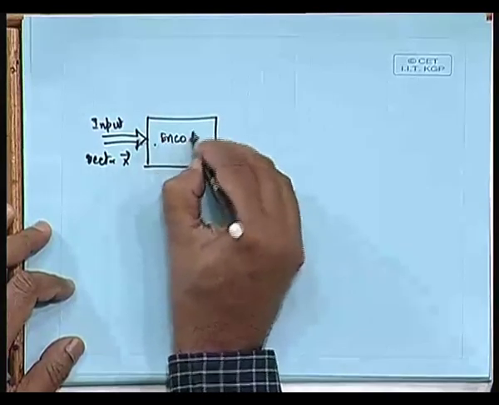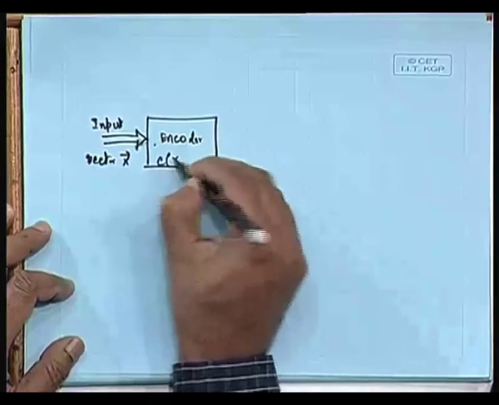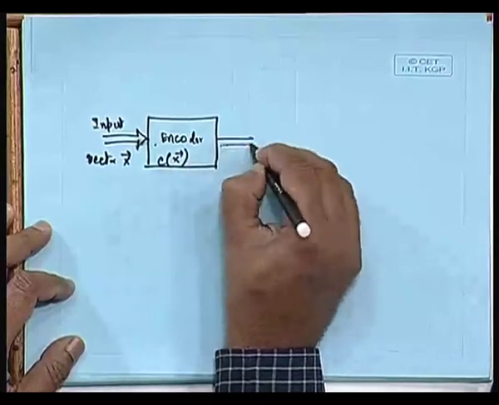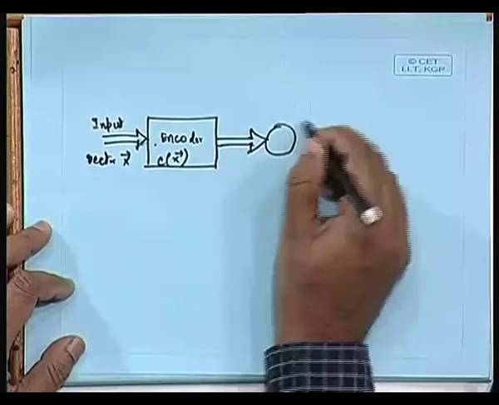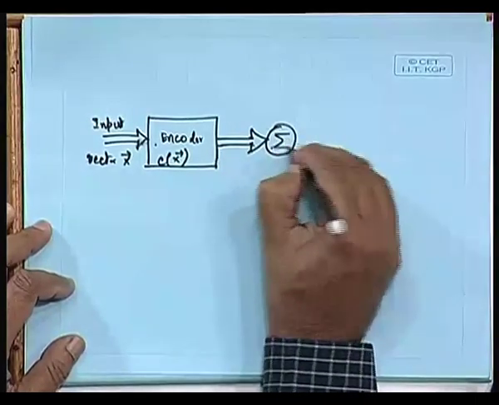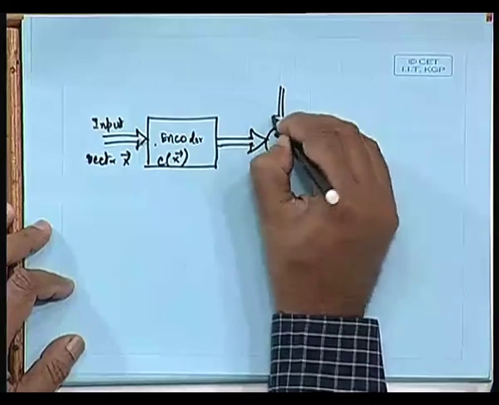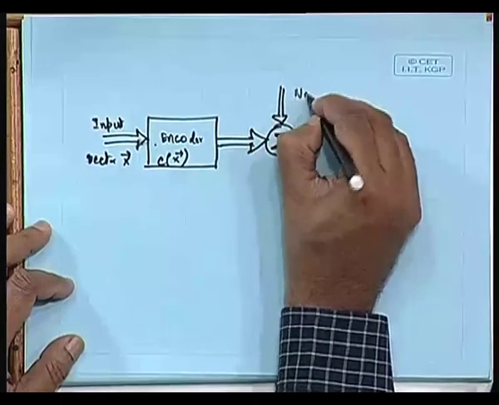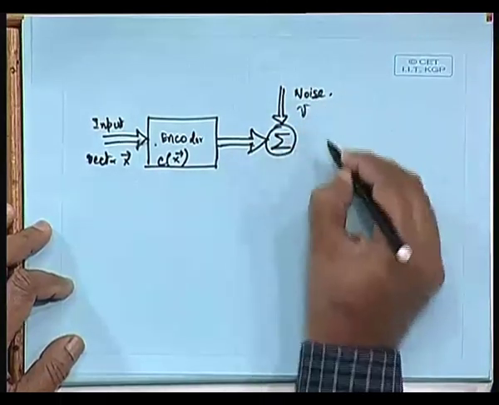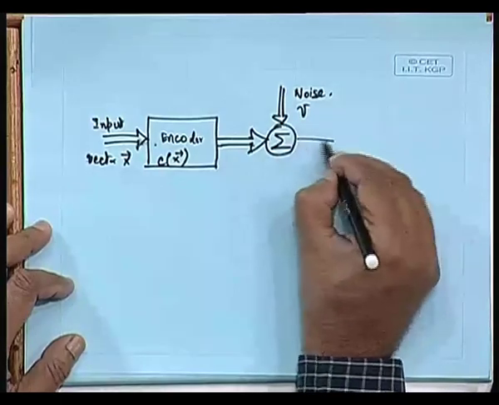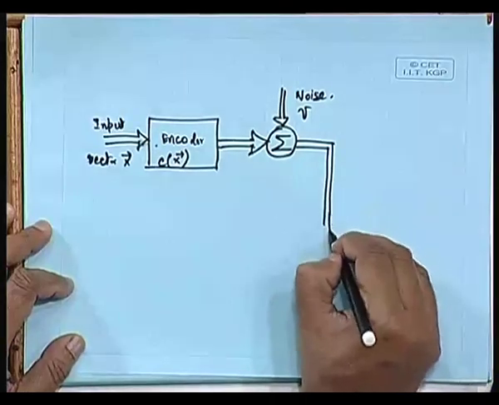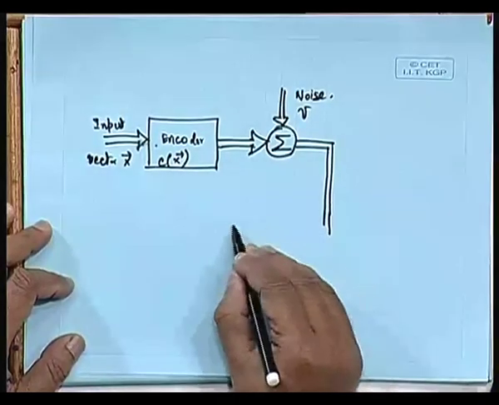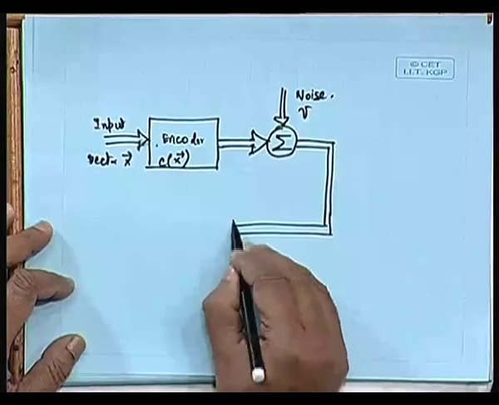So, this is the encoder C of x, and then we have the code coming out of this, and then we have an additive noise. Let us say this is the noise nu, and this noise term added together comes to the decoder.